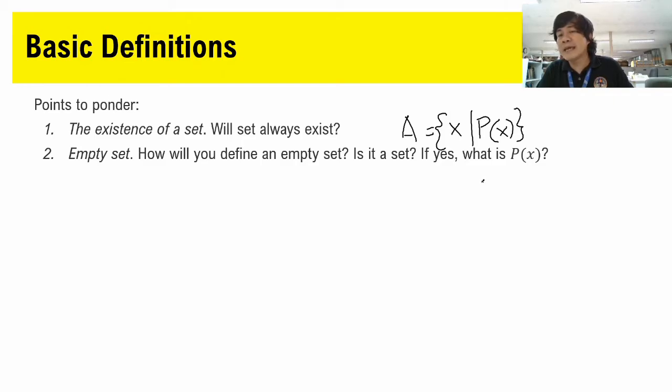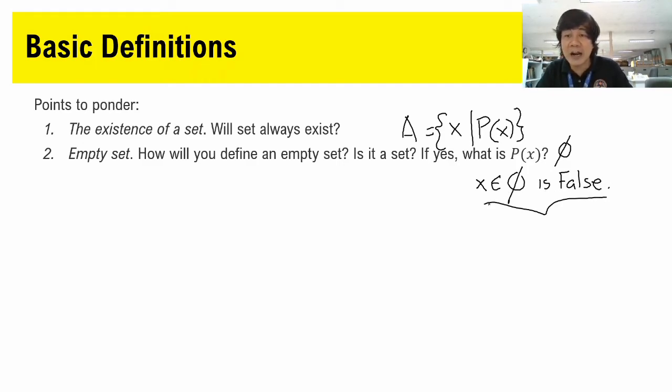If we symbolize our empty set with the null notation, X is an element of the null set is false. Meaning, the belongingness of X to the null set is always false. So that will be our property to describe an empty set.